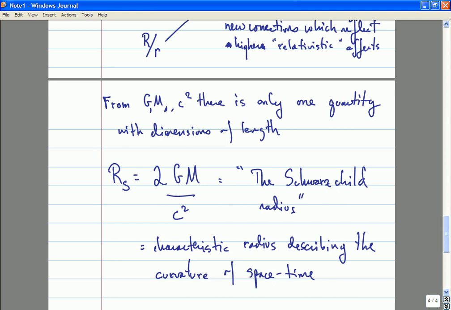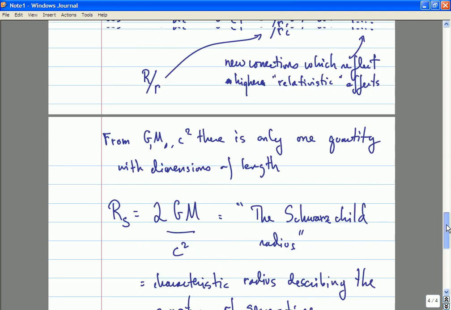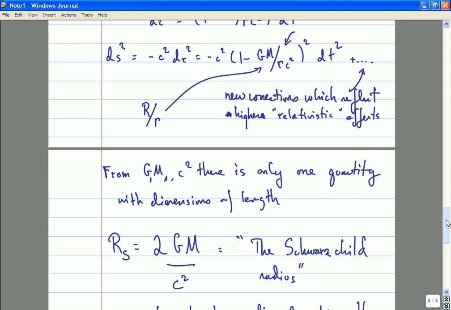So at this point, I can't really derive for you the formula for the metric in the presence of a massive object. I've told you approximately what it looks like far from the object, where the ratio big R over little r is very small, and so subleading corrections to this formula can be neglected.